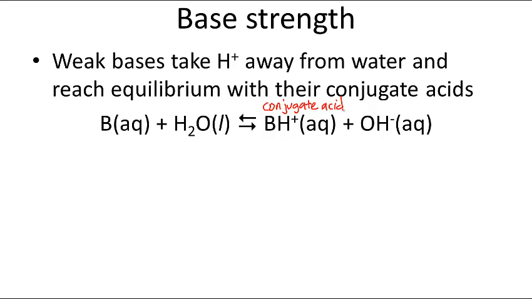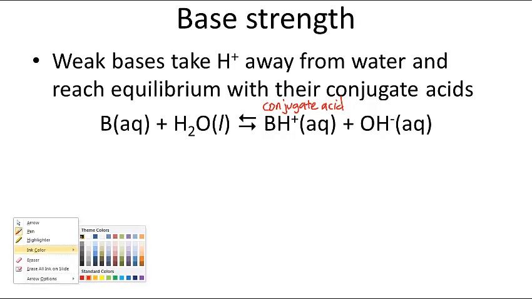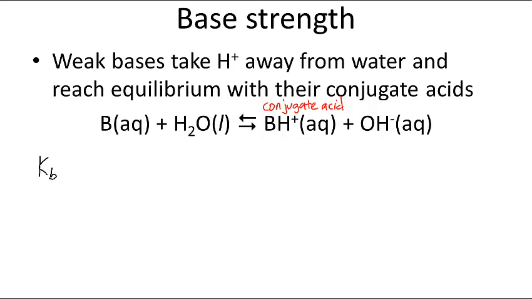And remember, we gave the equilibrium constant for this a name. We said Kb is going to be equal to concentration of BH plus times OH minus over concentration of the base itself. And again, for most weak bases, just like we saw for weak acids, this is usually going to be in the 10 to the negative 1 to 10 to the negative 13 range.